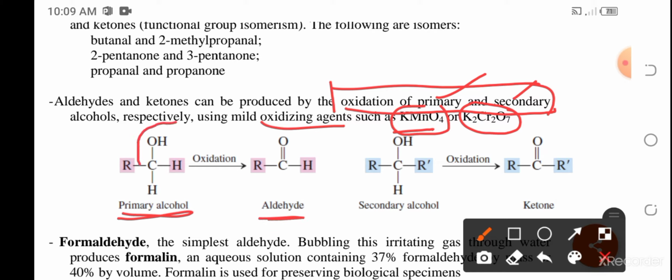So this carbon bearing the hydroxyl group will turn into a carbonyl. Same is true for the secondary alcohol. The carbon bearing the hydroxyl group will be oxidized to become a carbonyl. Okay? So, recall we had discussed this oxidation reaction in the alcohol video.